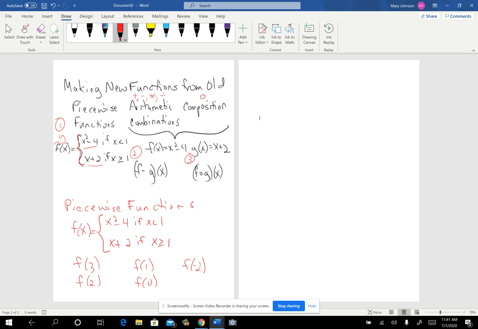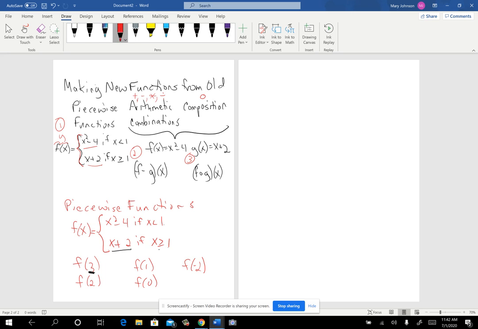If we looked at these, what you would have to do is determine which of the two rules you should use if your x is 3. So you have to think about whether 3 is less than 1 or bigger than 1. Since 3 is bigger than 1, I'm going to use the rule x plus 2.